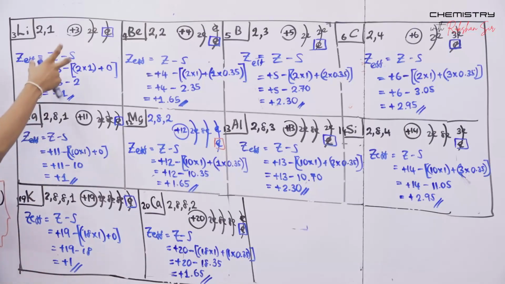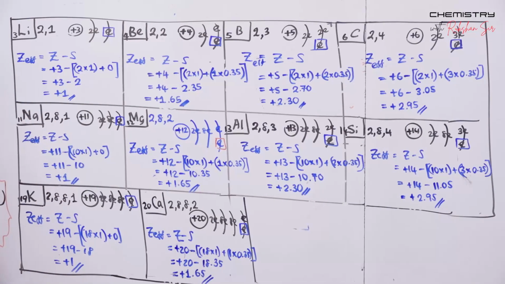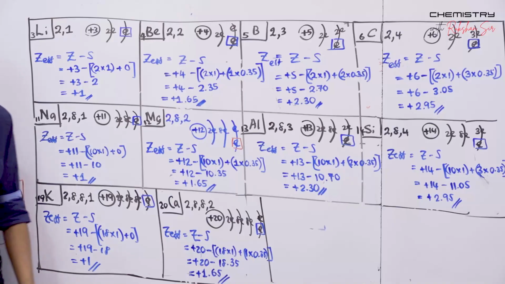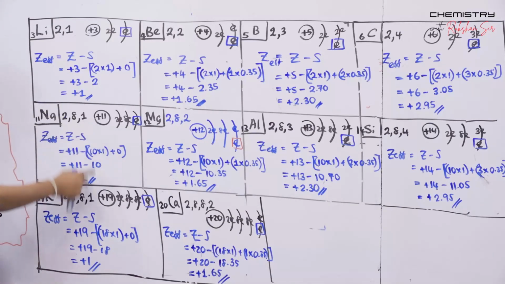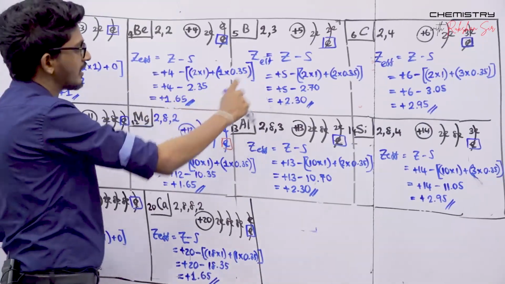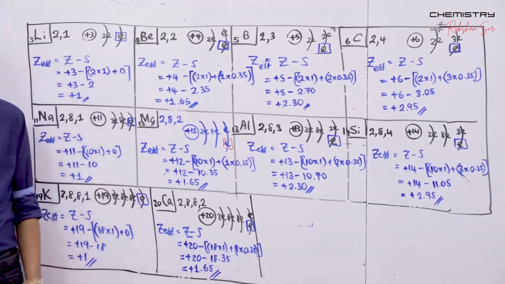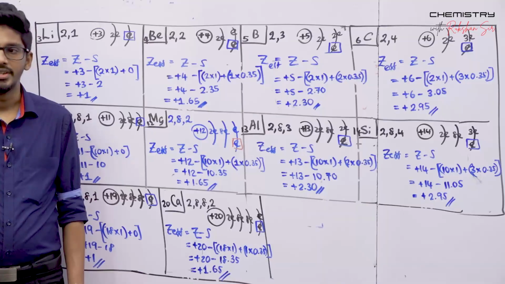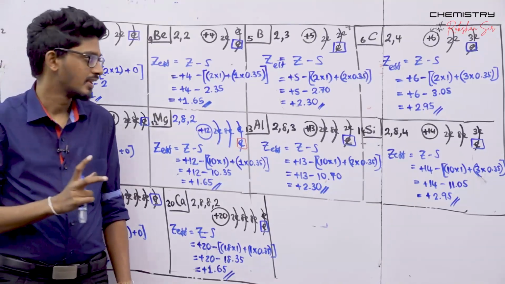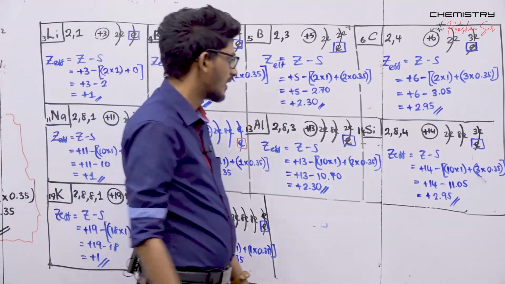So when going down a group, nothing happens to the effective nuclear charge. Effective nuclear charge won't change going down a group, but going towards the right of a period, the effective charge will increase by 0.65 units. That is the major idea we are discussing here.